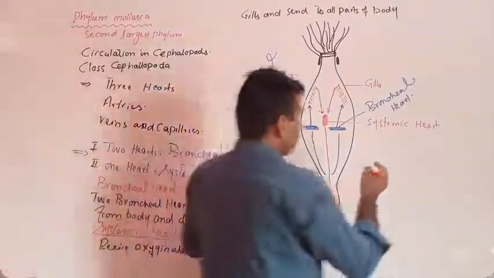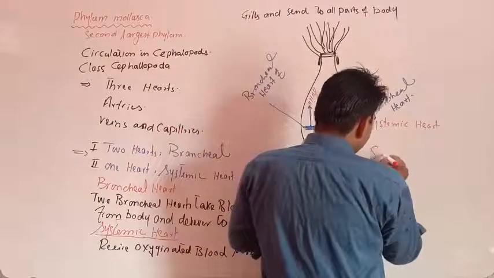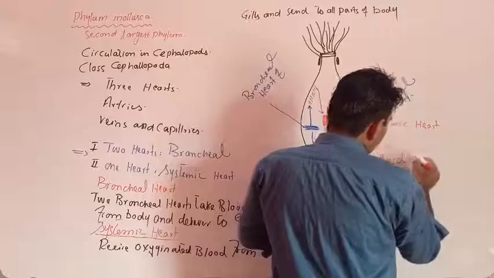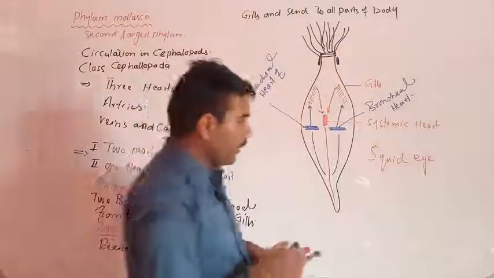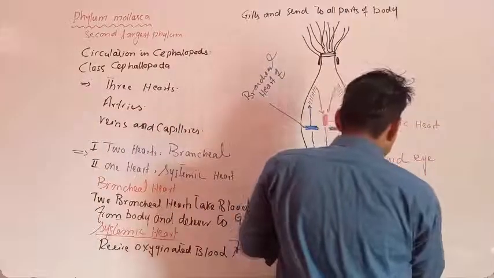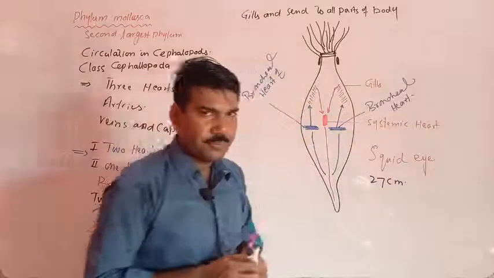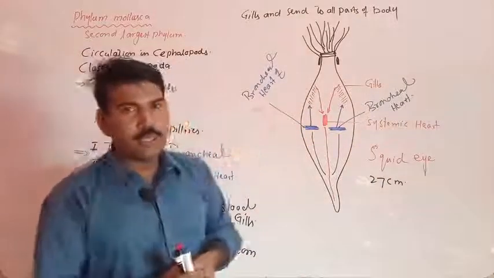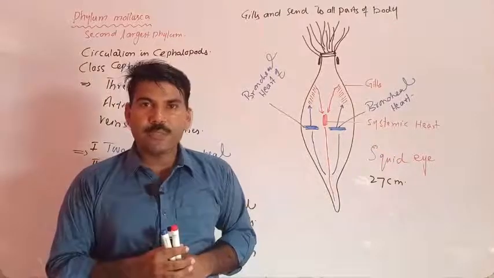The squid eye is the largest eye, having a diameter of 27 centimeters. So dear students, in this lecture we have discussed the circulatory system of the cephalopods.